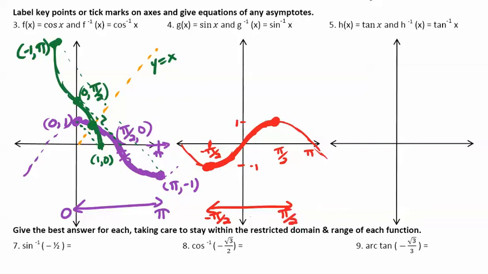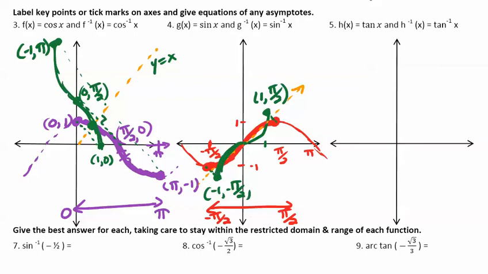And again, we're going to fold across that 45-degree line, and my pen is a little thick here, so it might look like everything's on top of each other, but let me reflect this. And these points should be folded across this line. So here is our point 1, pi over 2. And here is our endpoint at negative 1, negative pi over 2.